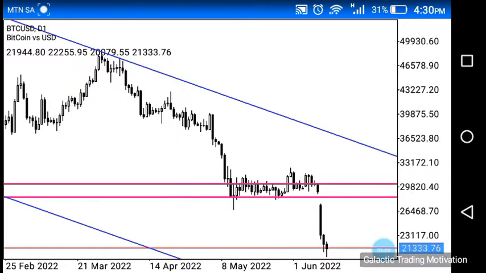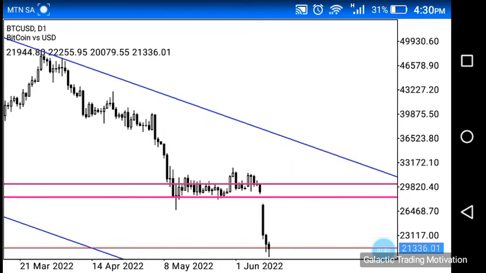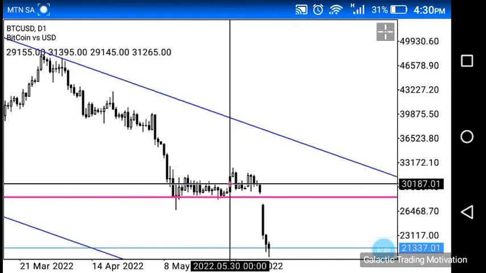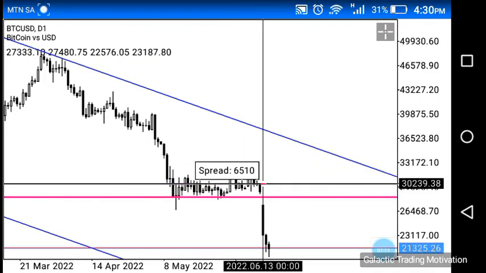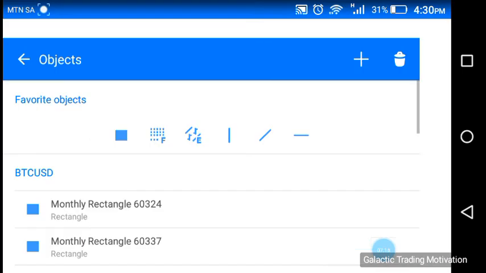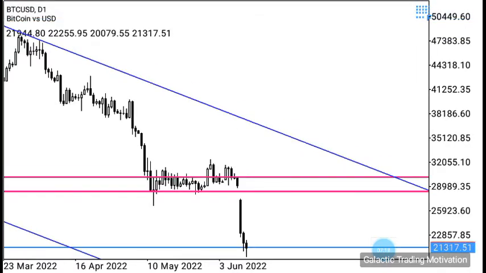So what I'm going to do now is just use my Fibonacci retracement tool just to see if the neckline of this small M aligns with any of the key numbers that we have on the Fibonacci retracement tool. So just bear with me guys. There goes our fib. Let's see.